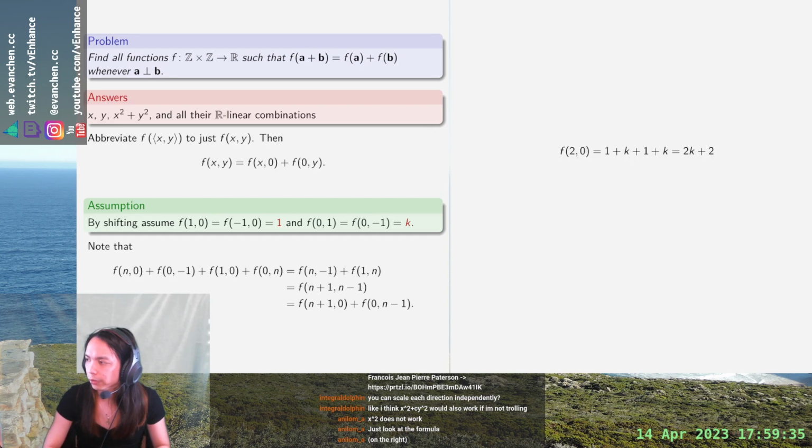Meanwhile, f of 0, 2, if I flip the same logic... I need to be careful here. I guess for the base case it doesn't matter. It'll be like k plus 1 plus k, 2k plus 2.